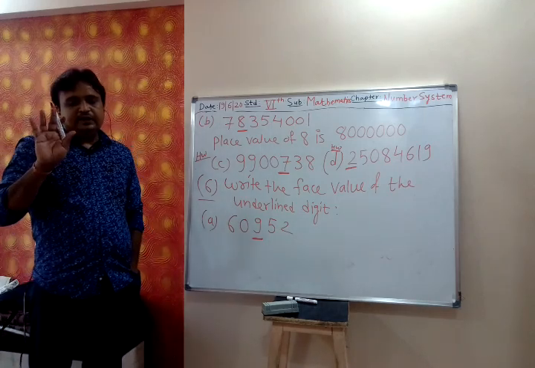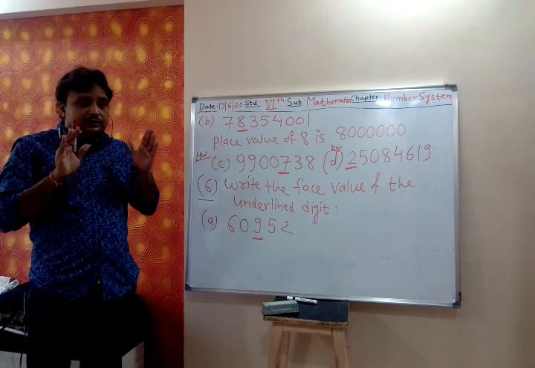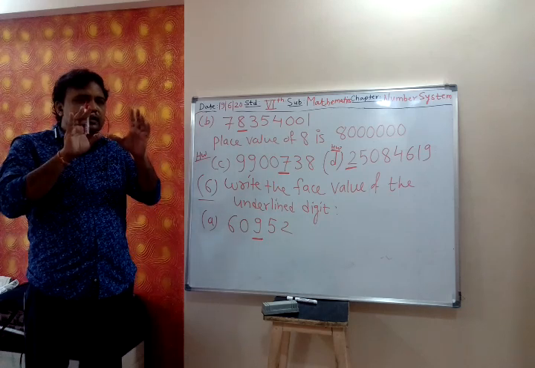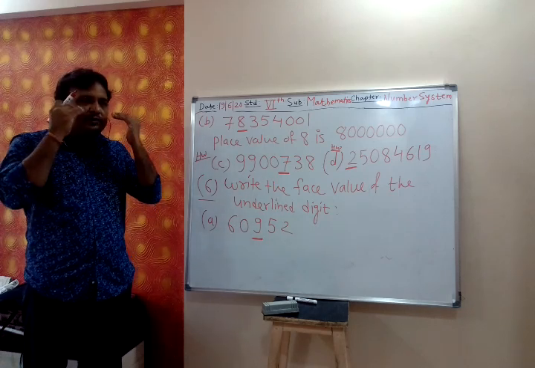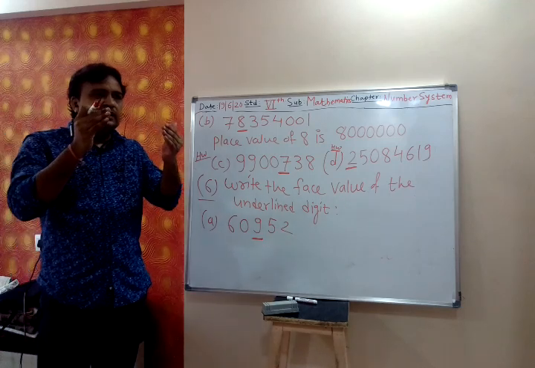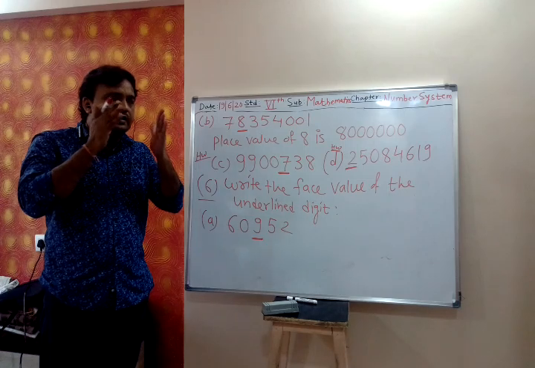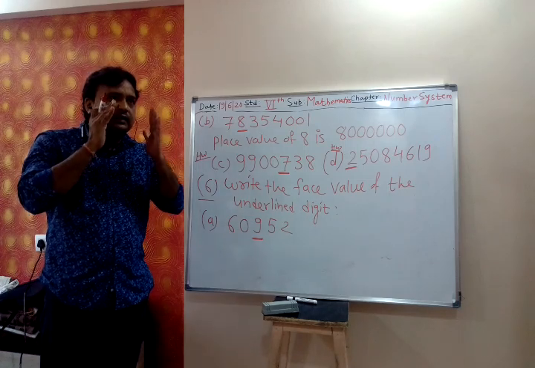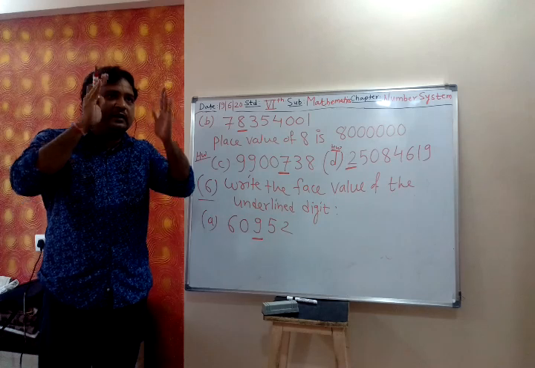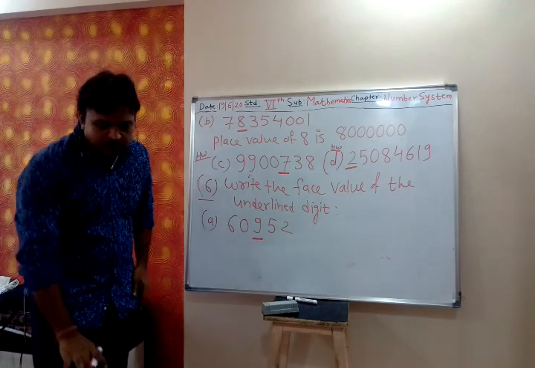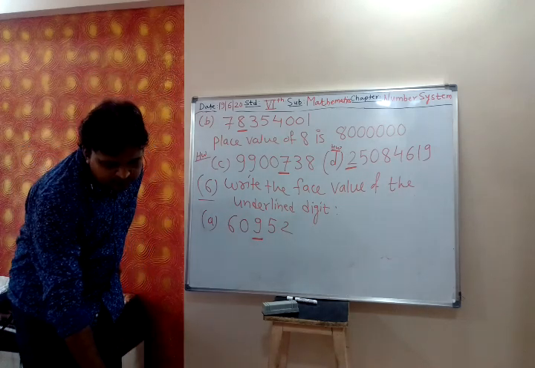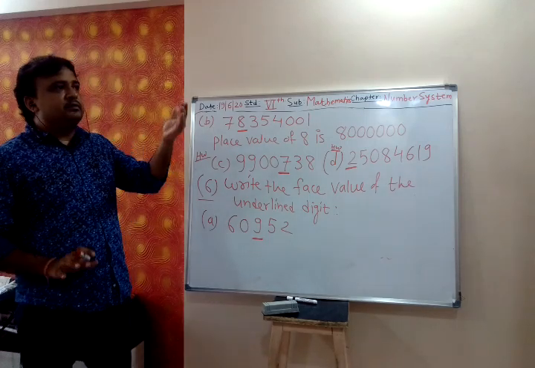See here, face value is same as mirror image value. When we see our face in the mirror, whatever size and shape our face has, that shape of the face remains the same in the mirror. So face value is nothing but the mirror image value.